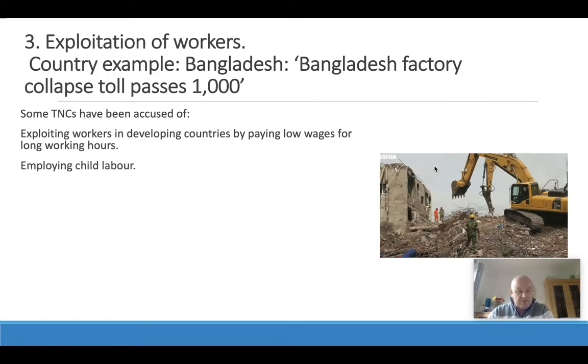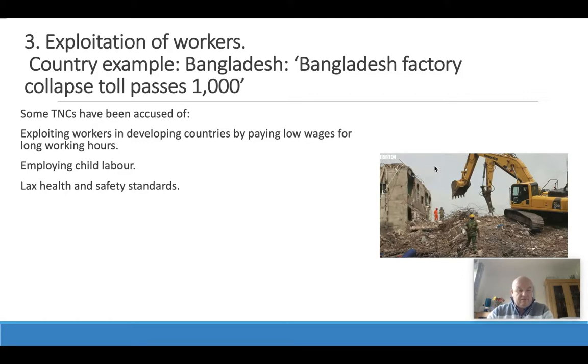In some cases, they might be employing child labour. They tend to set up where there are lax health and safety standards, but by the nature of a country being a less developed country, they're probably not going to have the same sort of health and safety standards as a more developed country.